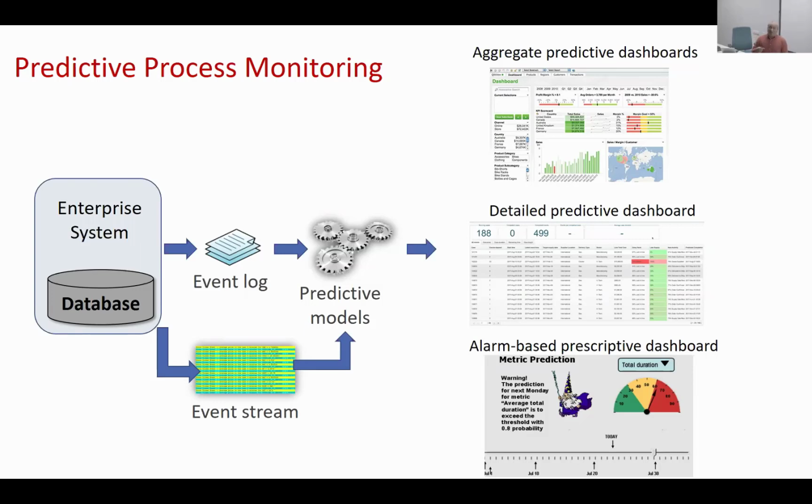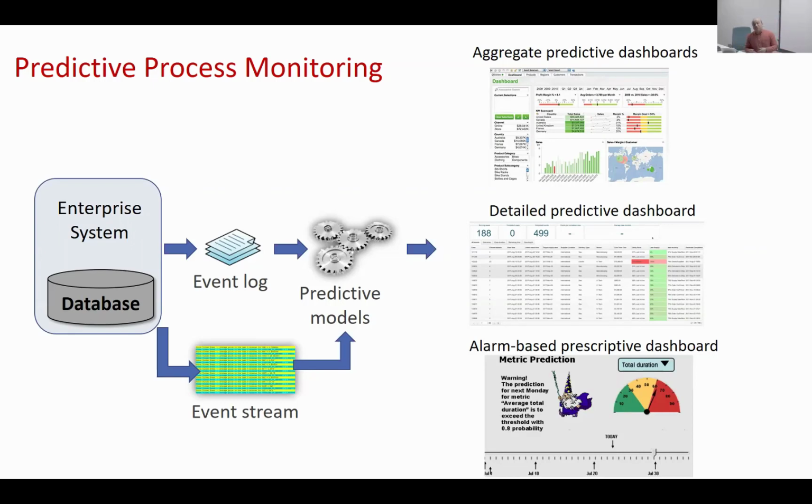From those event logs, we can then construct predictive models using machine learning techniques that are able to, in the middle of a case, for example after 3 or 4 events in my process, tell you what will happen by the end of the process. These predictors generate a bunch of predictions for every case of the process about what will happen next.